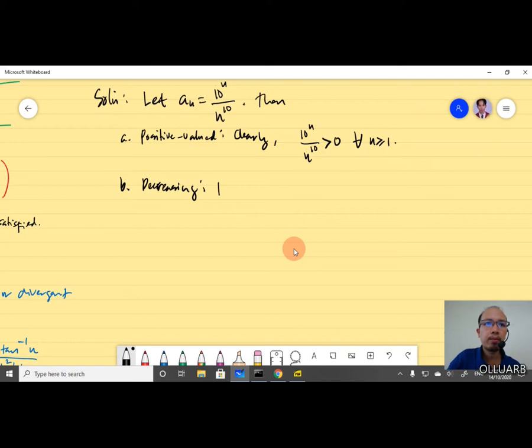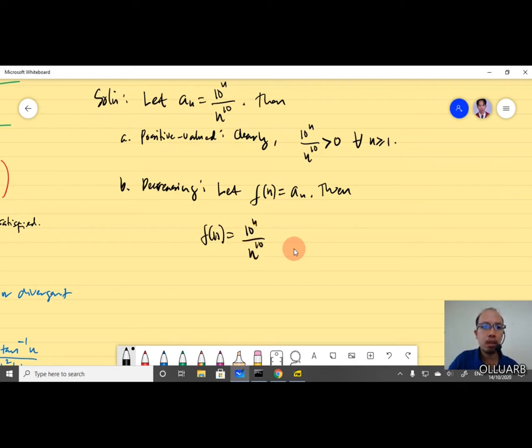Let f of n be equal to this one, which is our given: 10 to the n over n to the 10.